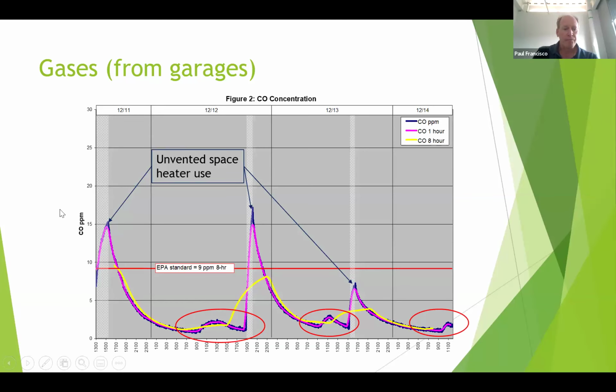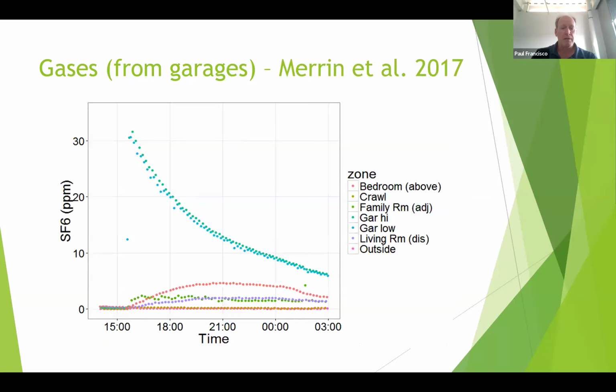So again, this isn't directly from outside, but it is one of those things that can happen. If something is being generated in one of these spaces that's what we call a buffer space between the inside and outside, it can be there for a long period of time and gradually come in. And so we did a follow-on project, just looking at contaminant transport from garages. This is SF6 measurements.